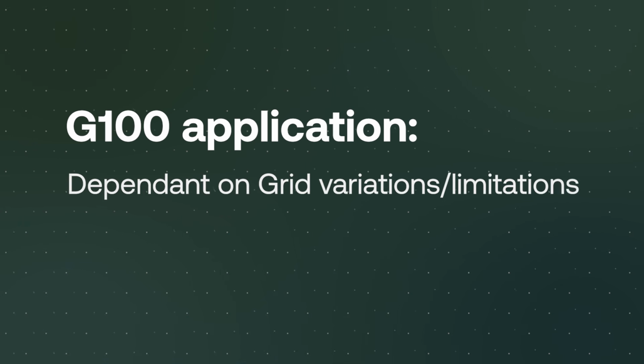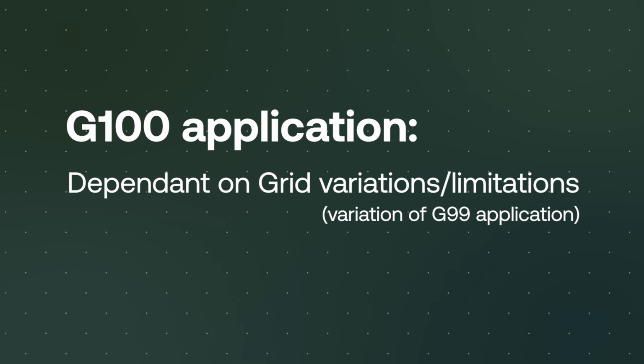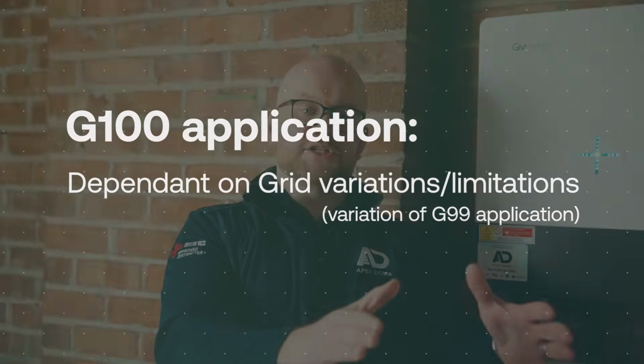G100 applications. So this is where essentially we've now submitted a G99 application out to the grid, and the National Grid says, hey, you've got a 10 kilowatt inverter, but we can only limit you and you can only send out 5 kilowatts to our grid. So this is what's called a G100 application. It's a variation of the G99.